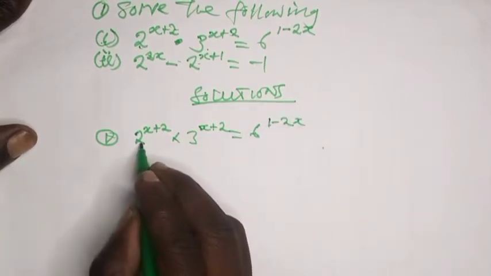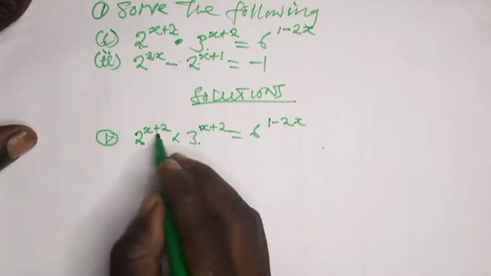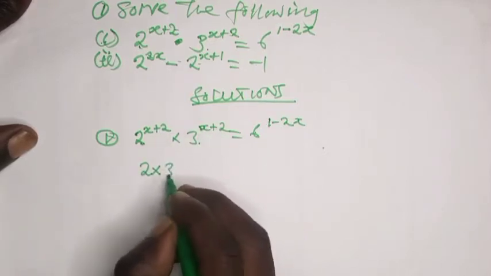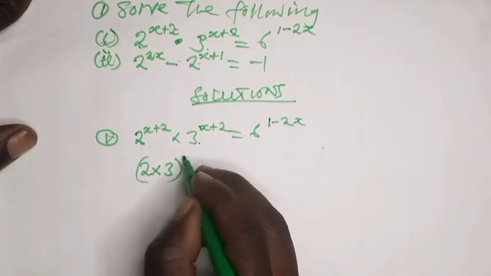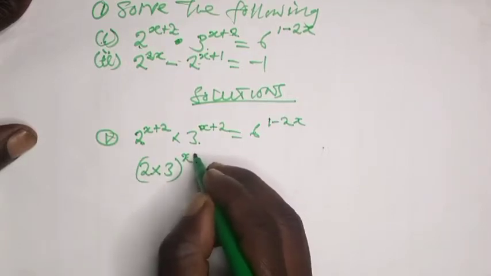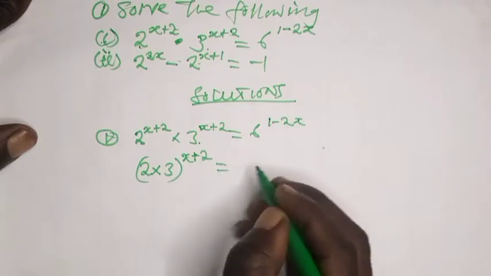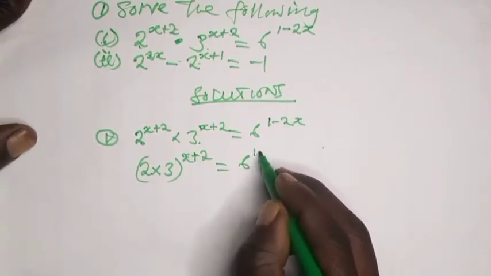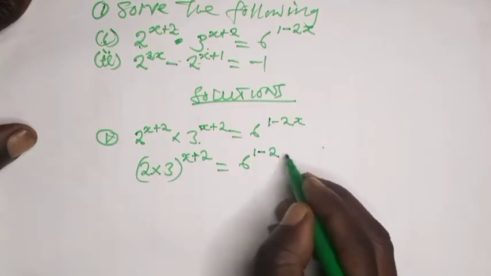Then we multiply the bases because the powers are the same. Then we do 2 times 3 in brackets, then power x plus 2 equals 6 power 1 minus 2x.